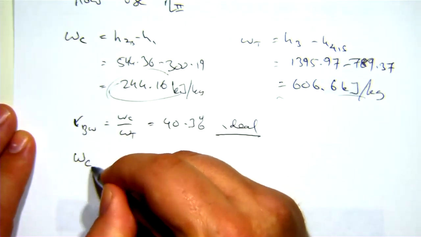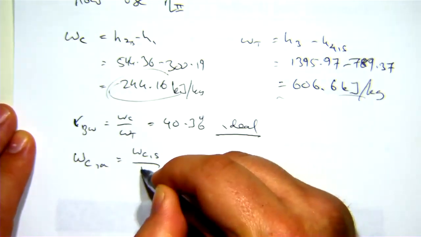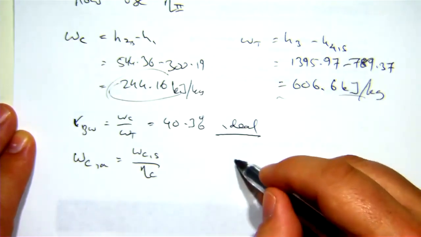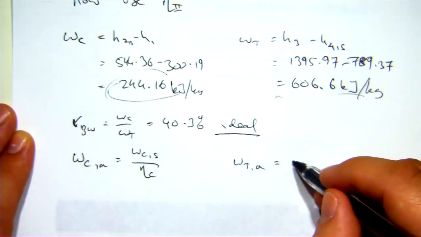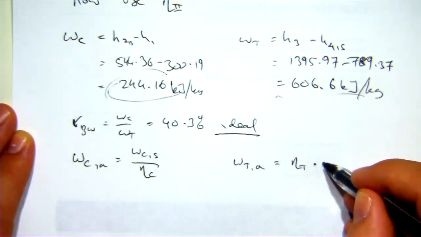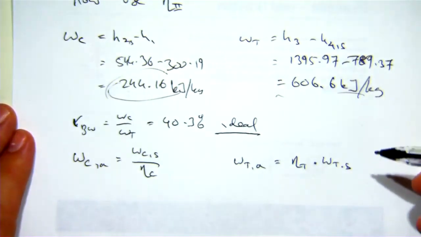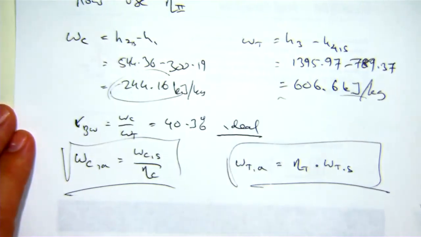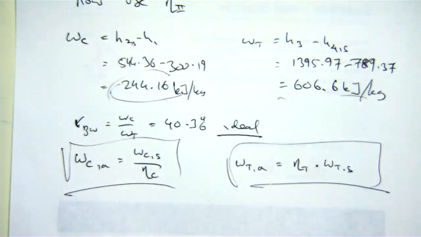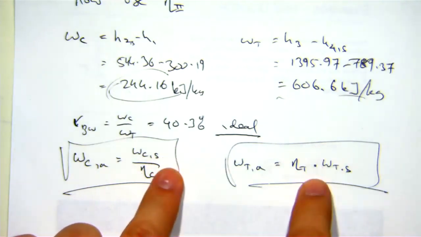So what I need now is my compressor work actual equals my compressor work isentropic over my efficiency. My turbine work actual, these are the equations that I put up before, reorganized, equals my turbine efficiency times my turbine work isentropic. Note, because the definitions for efficiency were swapped, these are different when you write them down.